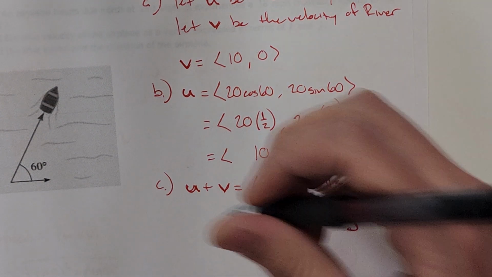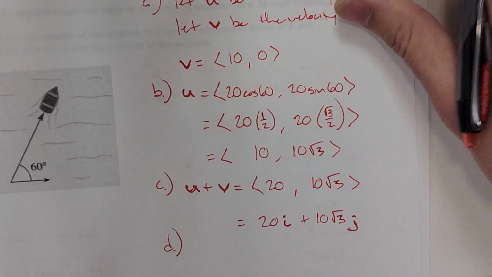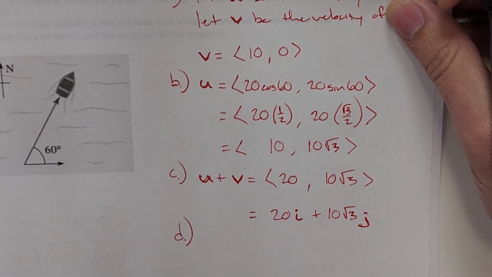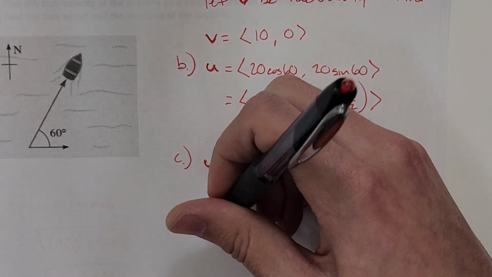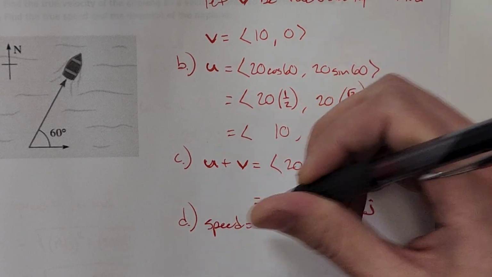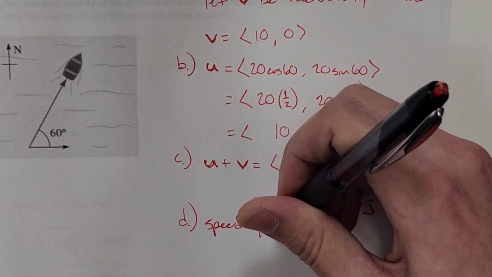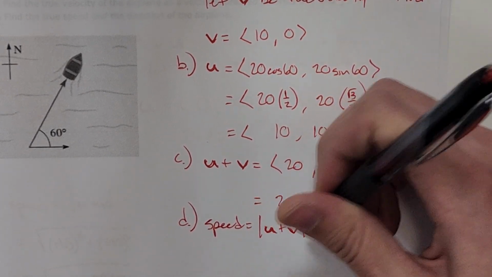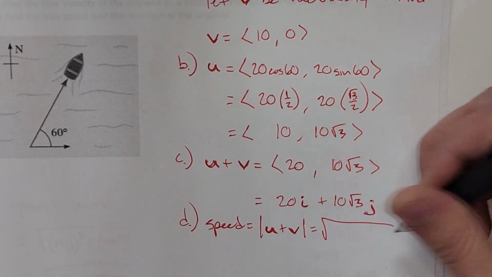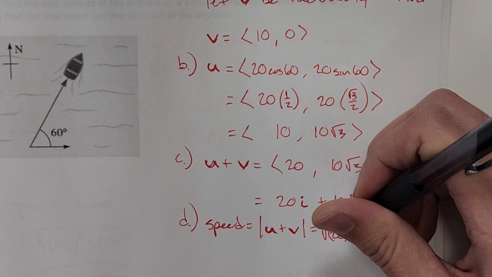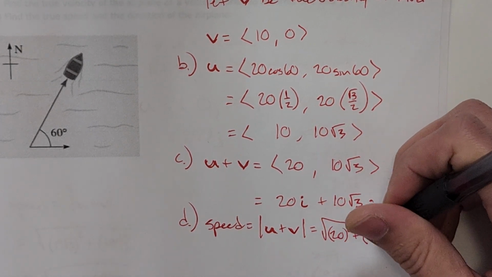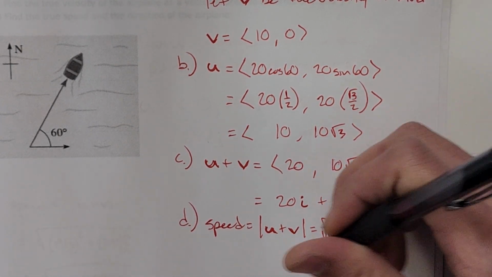Finally, part D is asking for the true speed and direction. So again, we're going to find the magnitude and direction of this vector that we just found, the resultant vector. And so the speed is equal to the magnitude of u plus v, which is equal to, using our magnitude formula, delta x squared, or 20 squared, plus delta y squared, or 10 root 3 squared.